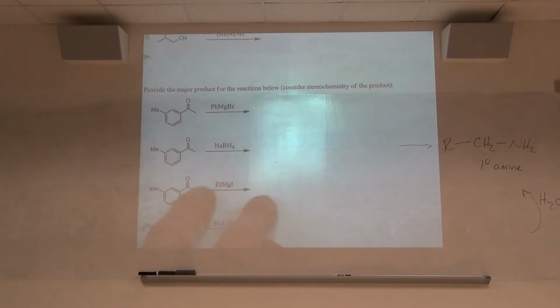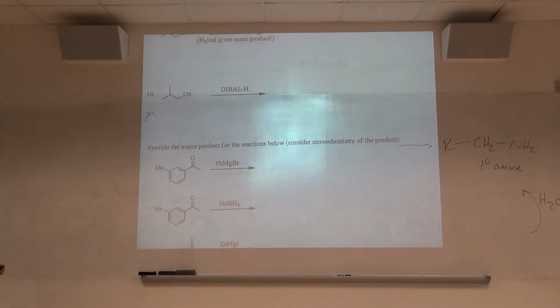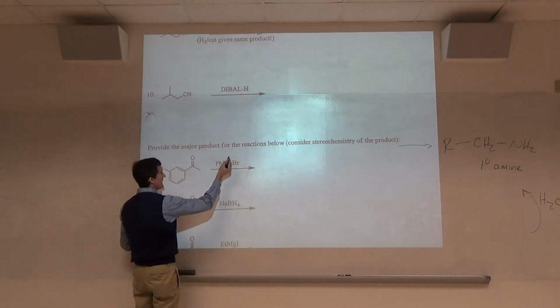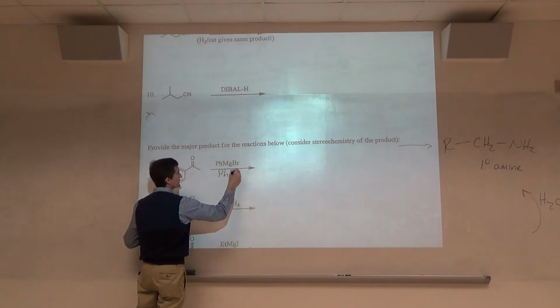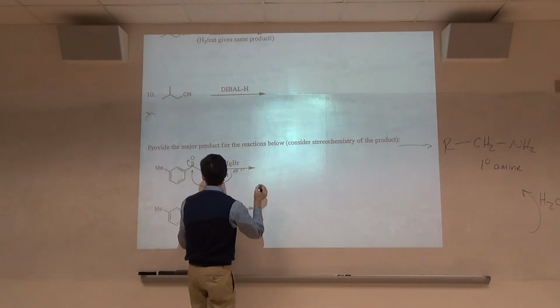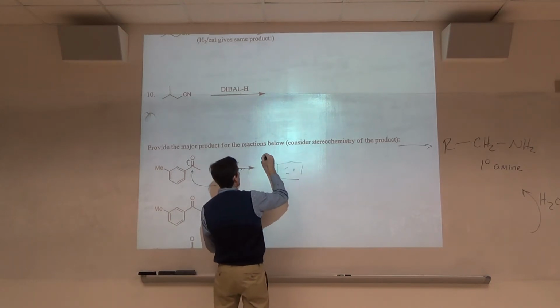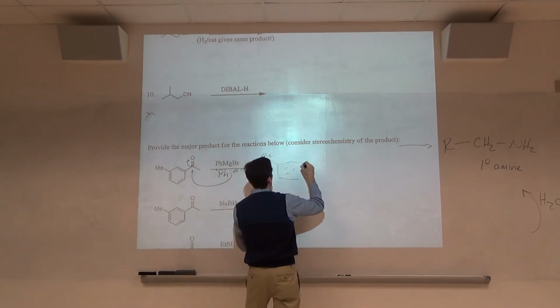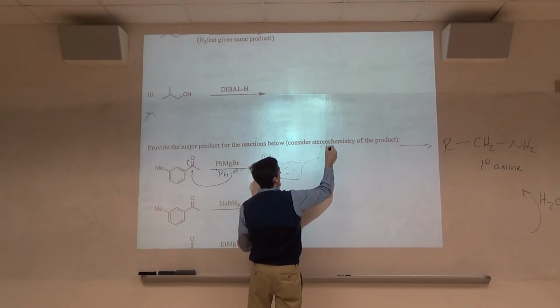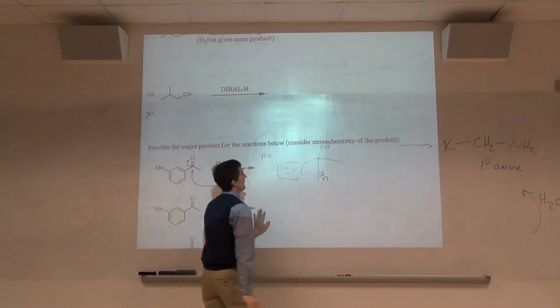Okay. Put these down here. How do we do on these? So we have the magnesium bromide. That's the Grignard. Grignard adds here, electrons up. We end up with that product there.